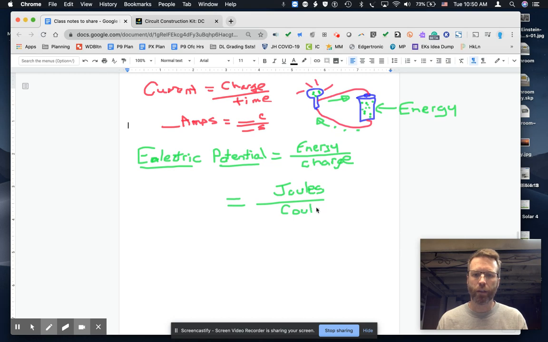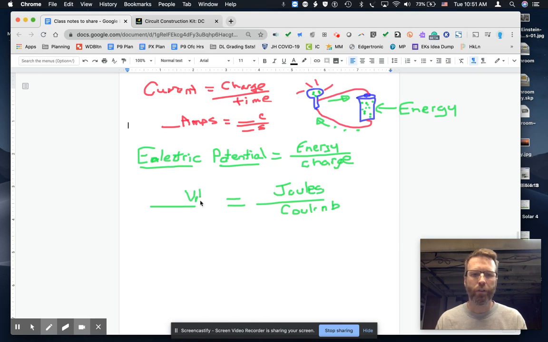We refer to a joule per coulomb in a new unit, which is called a volt.